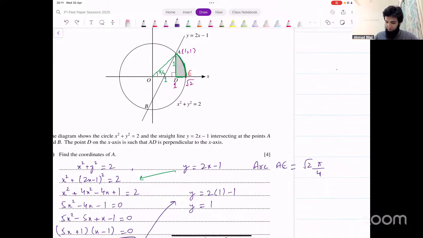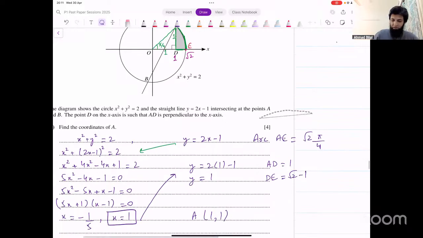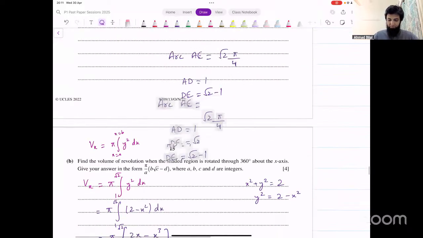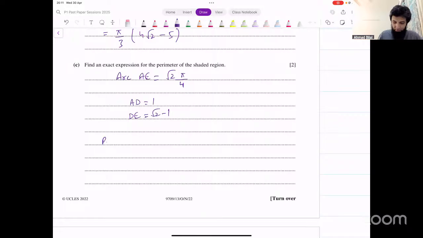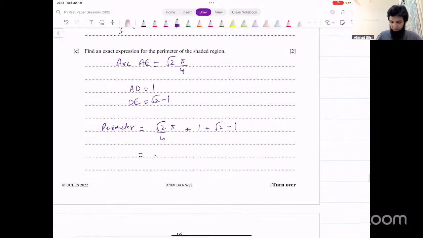AD is 1, DE is under root 2 minus 1. Just add them up all together and that will give the perimeter. And that's it. That's the final answer. This is what we get from this.